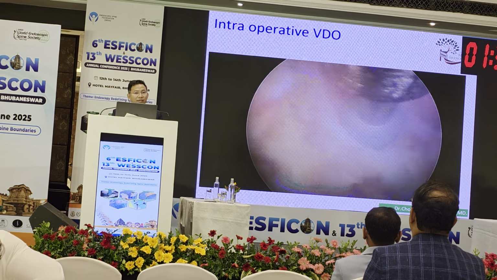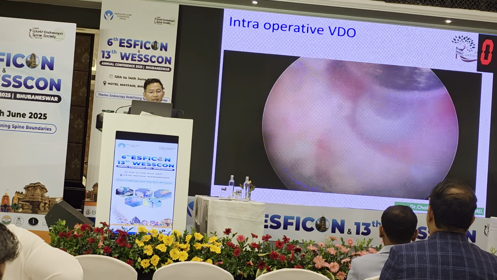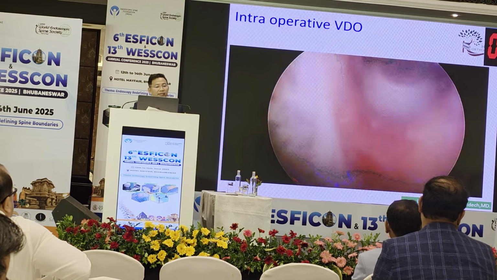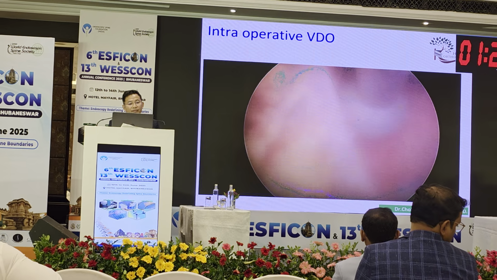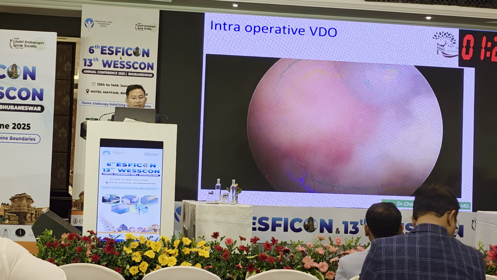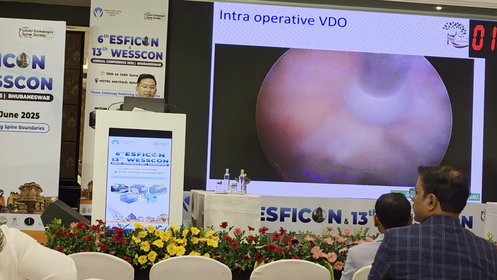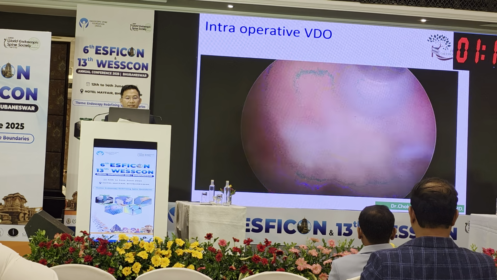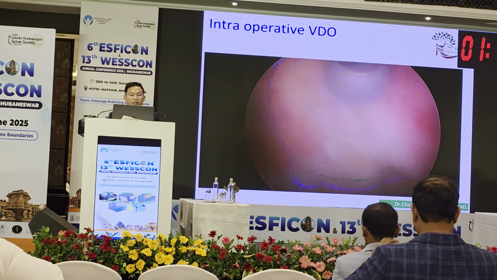You try to start with the virgin area. So you have to decompress first, like the two cases before. This is the upper lamina and trim to the medial facet, then the lower lamina.